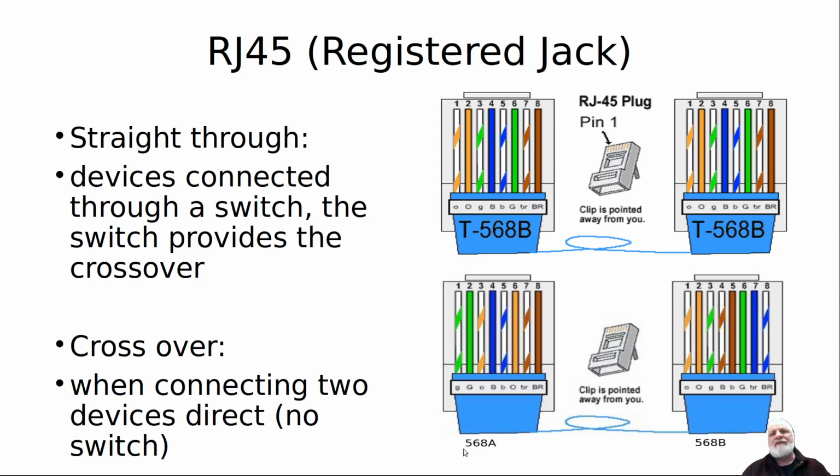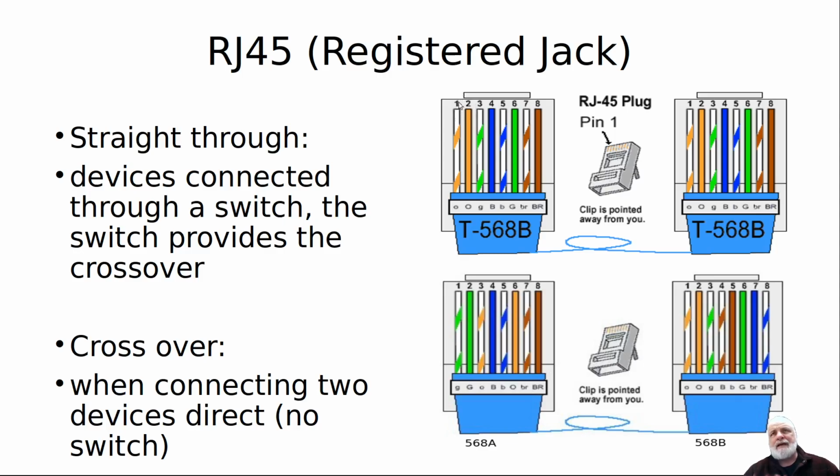And so we have 568A or 568B. When you get a cable, you could get a cable that has the 568A on one side and the 568B on the other. If you get that, that's called a crossover cable. If you get one that has B on both sides, that's called a straight through cable. I just mentioned earlier how you transmit.